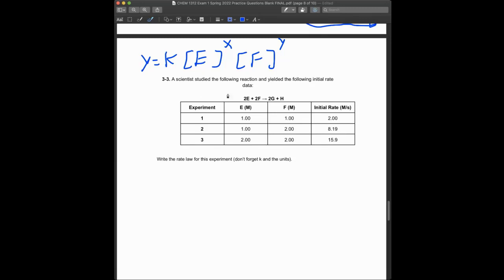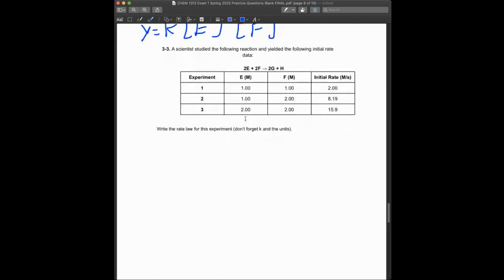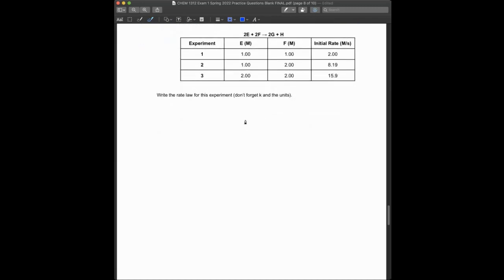I can tell you one of the answer choices will be K times E to the power of 2 times F to the power of 2. That's wrong. That's the low-hanging fruit, I would say. We actually have to do the longer way. Just a tip I can give you: I would do these problems last because they take a bit of time.